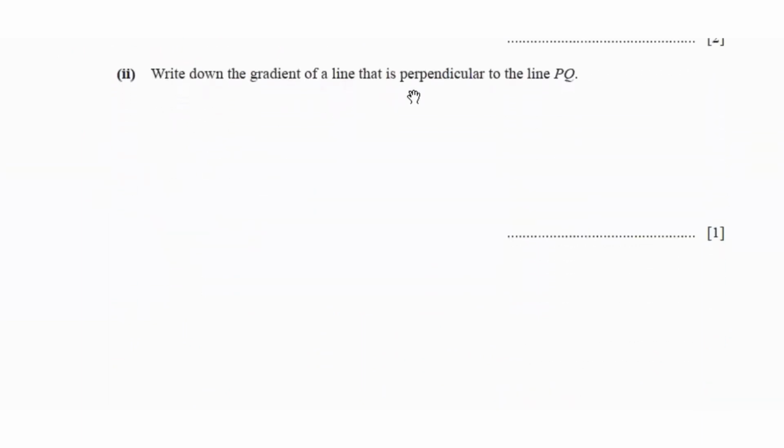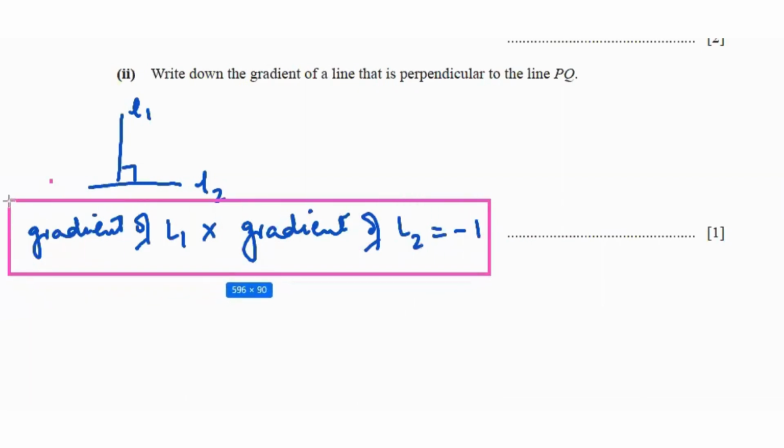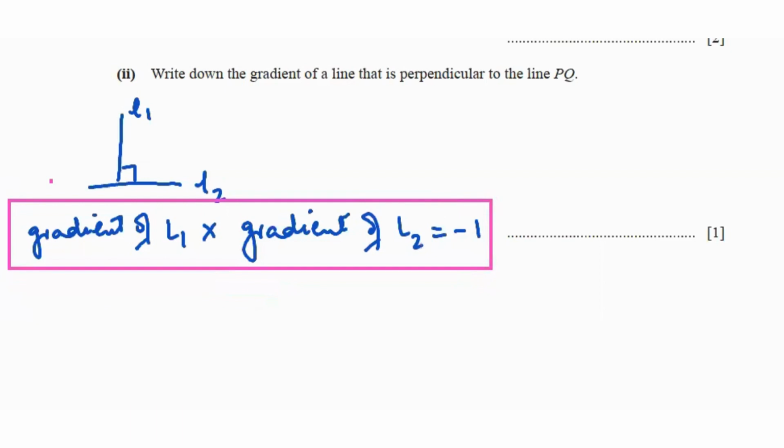Then it says write down the gradient of the line that is perpendicular to the line PQ. So if two lines are perpendicular, this is L1, this is L2, then that means gradient of L1 times gradient of L2 will always equal -1. This is the main property through which you recognize perpendicular lines and solve their questions.